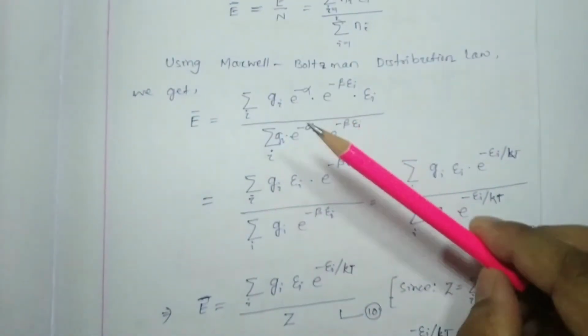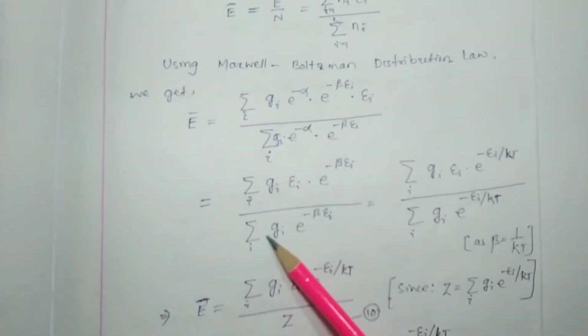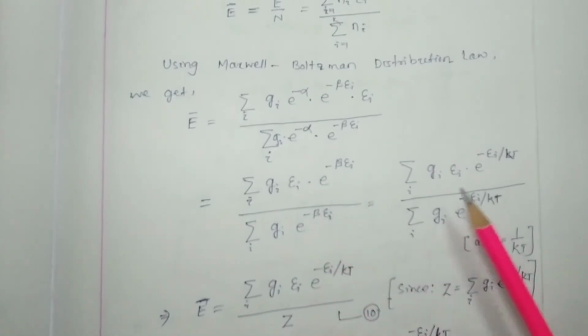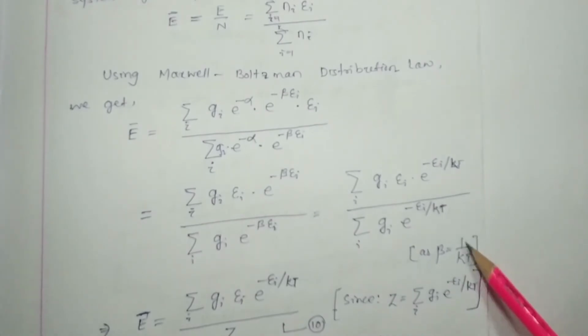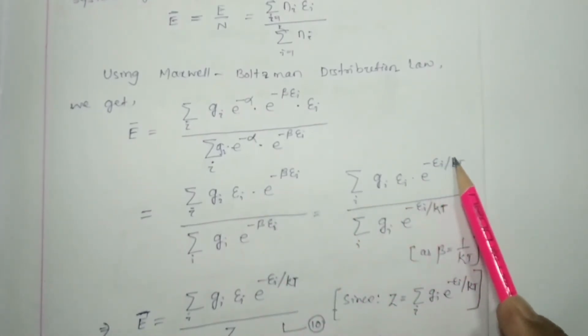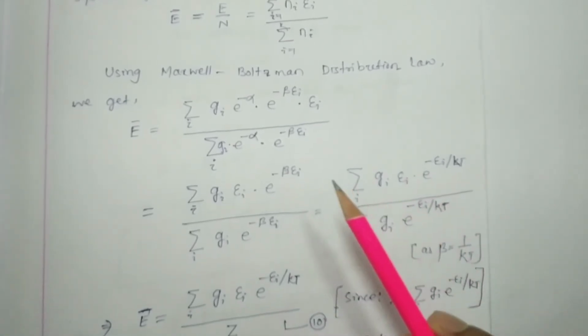Now e to the minus alpha got cancelled. This will be the numerator, this will be the denominator, Gi e to the minus beta epsilon i. And I told that beta is nothing but 1 by kT, so it will be Gi epsilon i e to the minus epsilon i by kT, whole divided by Gi e to the minus epsilon i by kT.